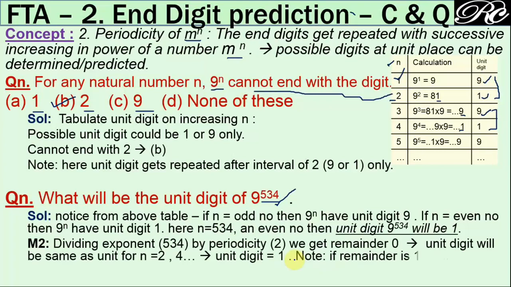So this can also be calculated by considering the periodicity that we have discussed in the previous question. Since the periodicity means the unit digit is repeated after 2, so dividing by 2 we are getting the remainder as 0. When the remainder is 0, it is like 2, and the unit digit is 1 only. So here the unit digit will be 1 only.